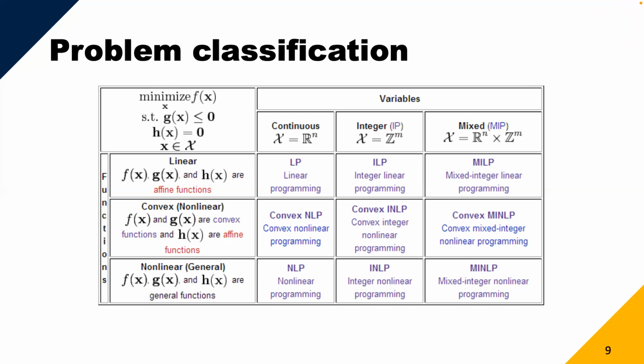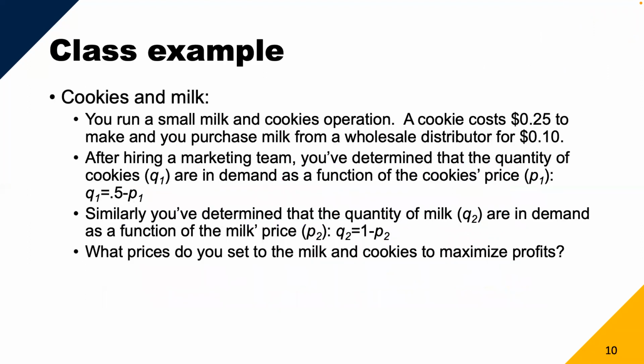Okay. So let's do an example. You run a small milk and cookies operation. A cookie costs 25 cents to make, and you purchase milk from a wholesale distributor for 10 cents.